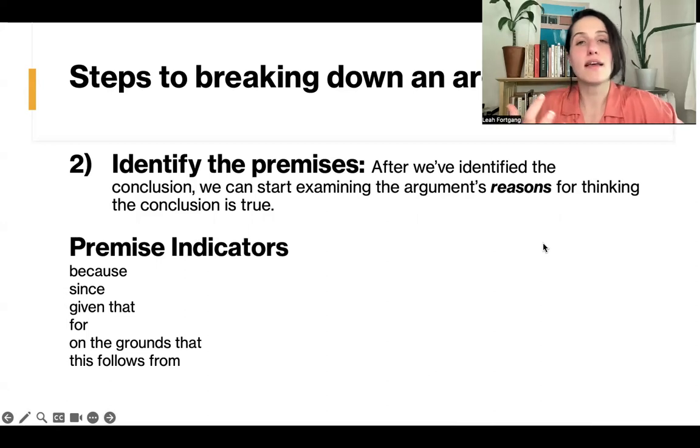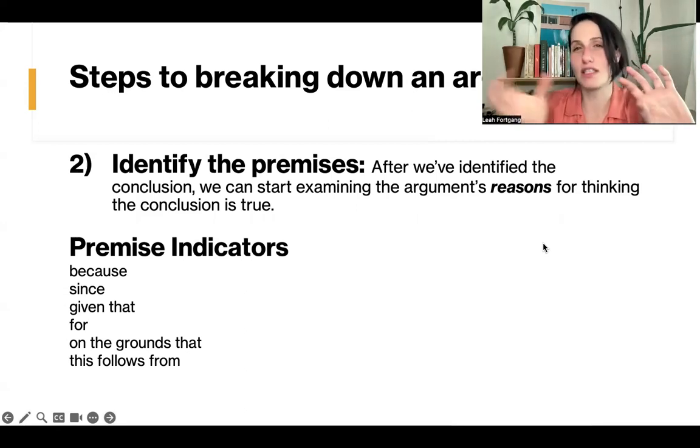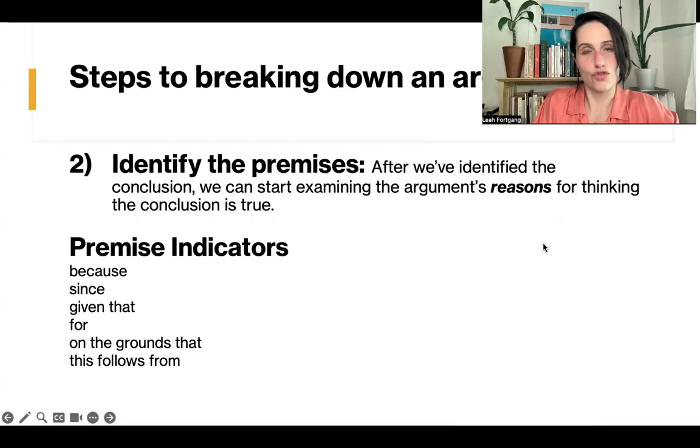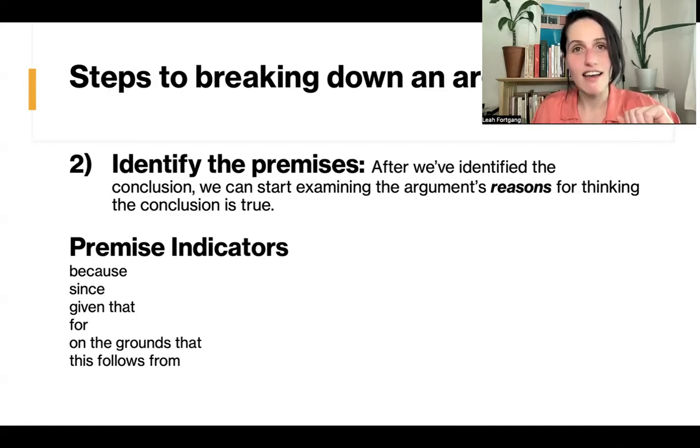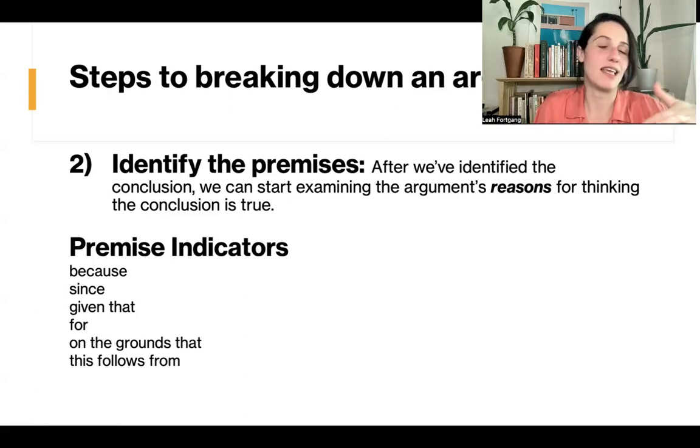People are going to just state certain facts, and once you look at the argument on the whole, you'll see, okay, these are reasons for thinking that the main point this person is trying to make is true. And as you're going to see, this is just something that is going to take practice. I just mentioned the premise indicators to give you a feel for what premises look like in a particular argument. They don't always show up, unfortunately, just as conclusion indicators don't always show up.